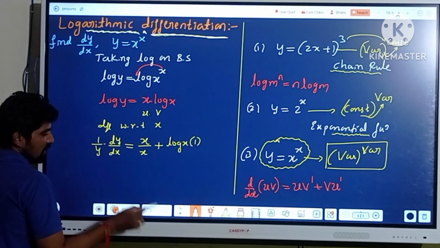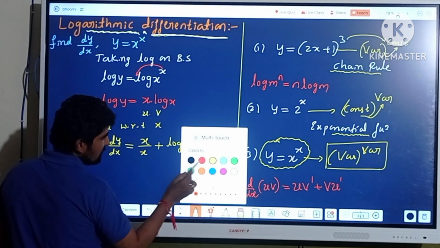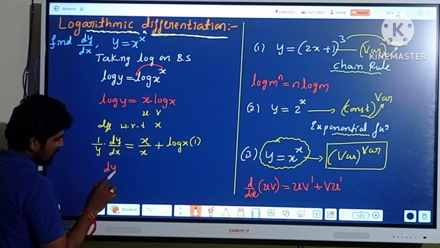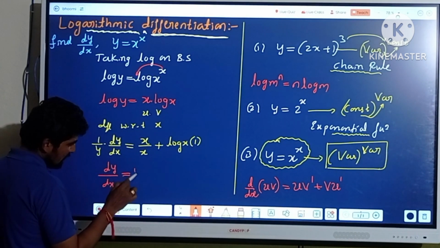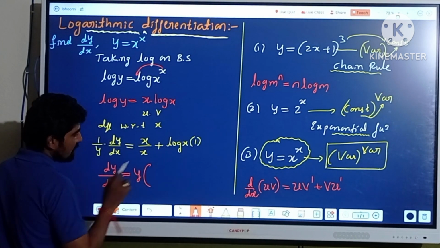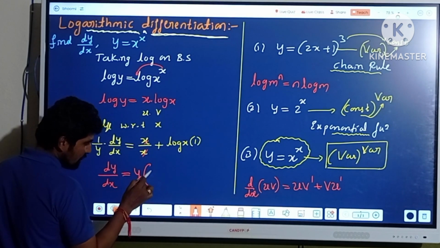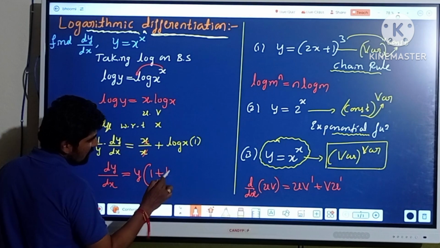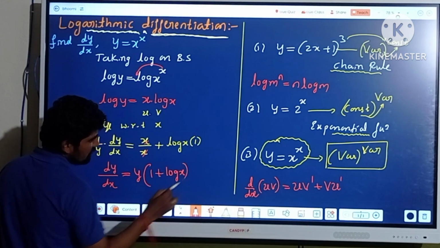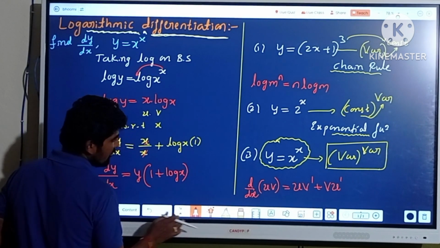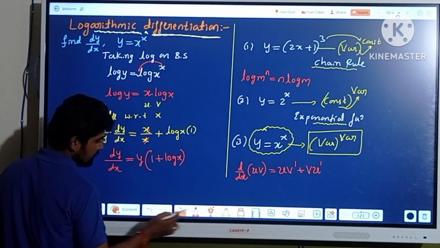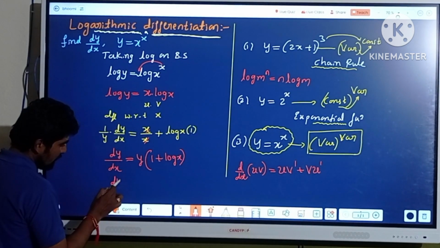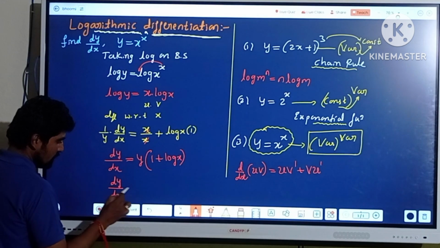Therefore dy by dx, shift this y to the right side, and on the right side x and x get cancelled, remaining 1 plus log x.